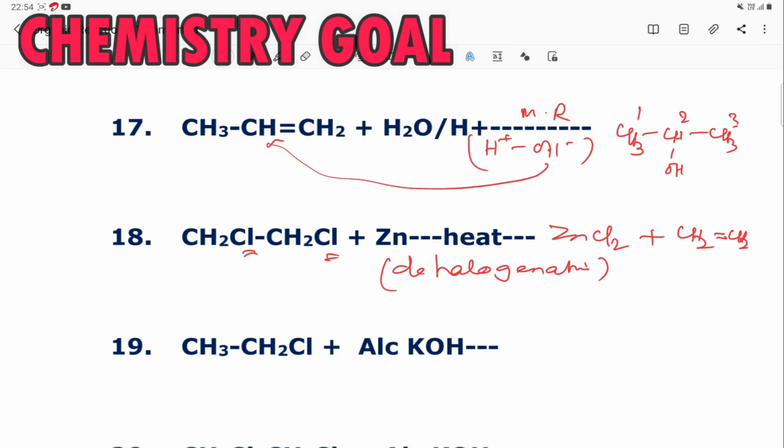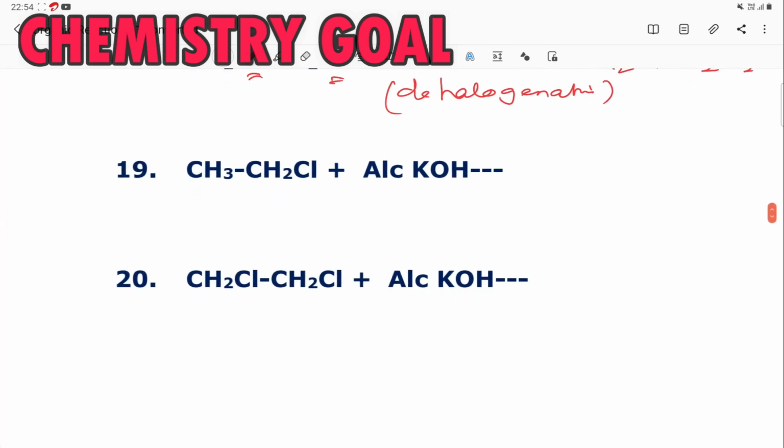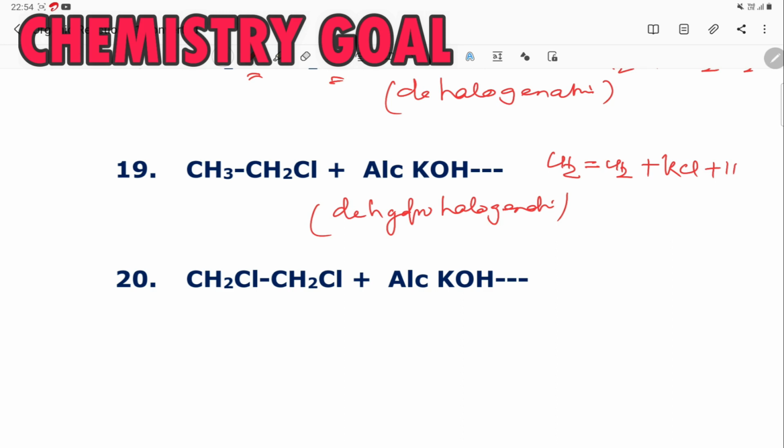Then 19 is also an elimination reaction, called dehydrohalogenation. Dehydrohalogenation means loss of hydrogen halide. So the result is CH2=CH2 plus KCl plus water.